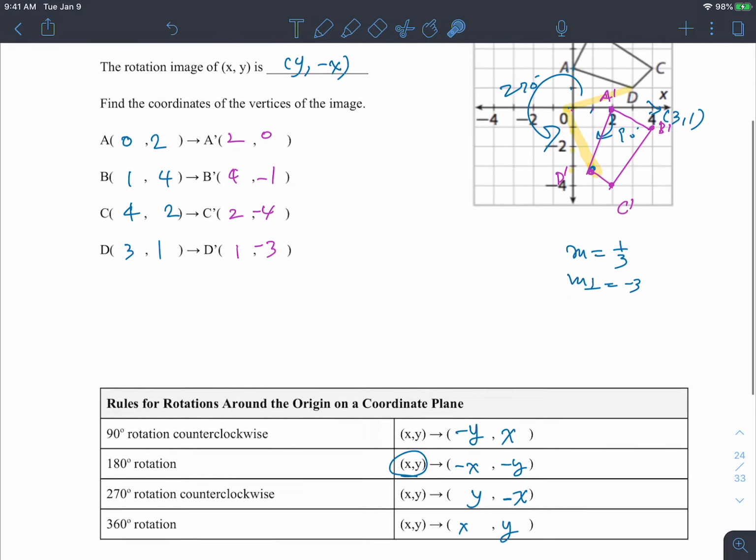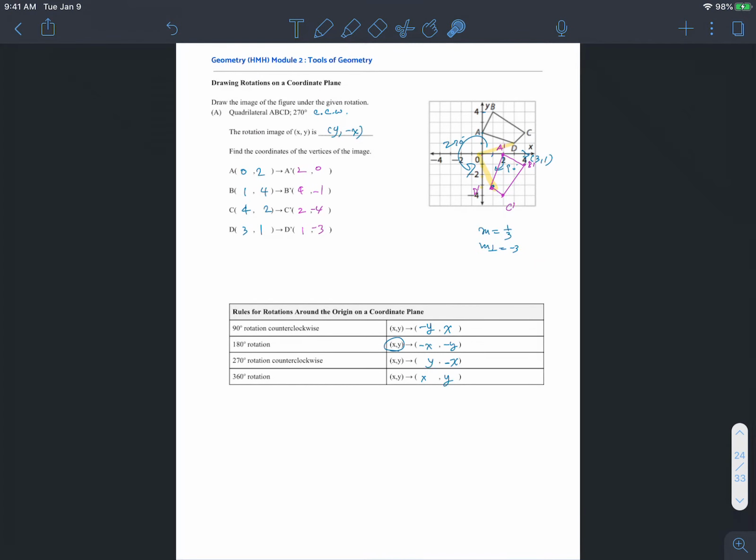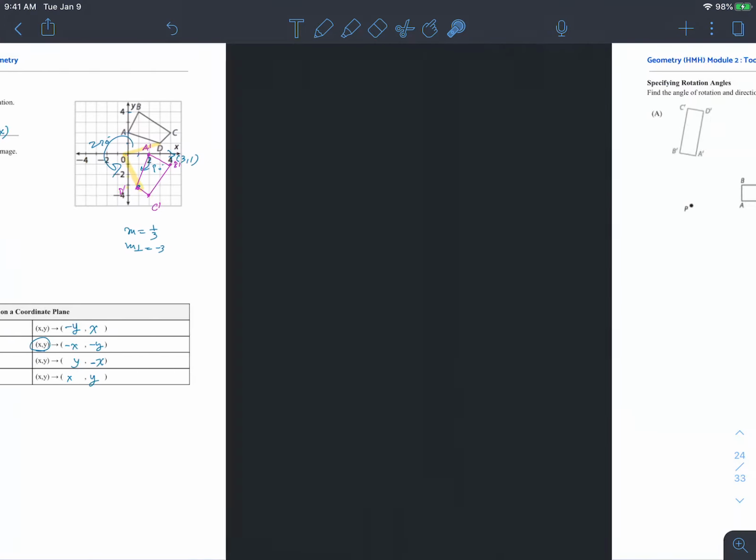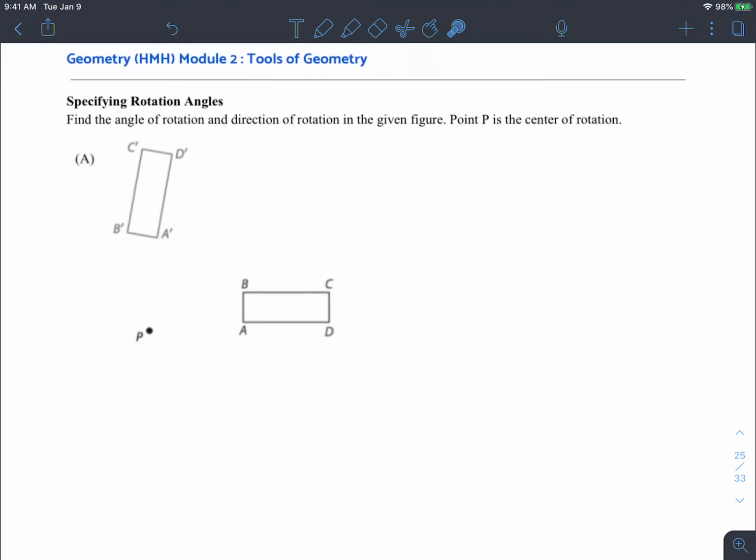All right, guys. Yeah, I know it could get a little confusing at the beginning, but let's just keep at it, shall we? So we have specifying the angle of rotation. If I give you that, I don't know how I'm going to give you this online, but in a physical class, I would have this kind of question, right?